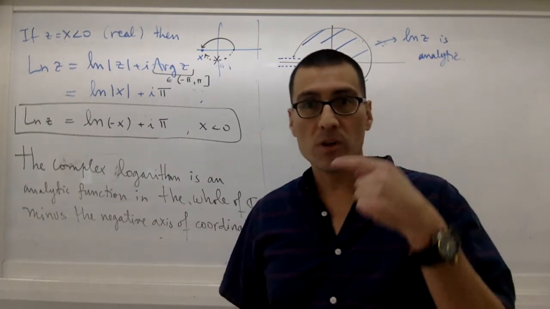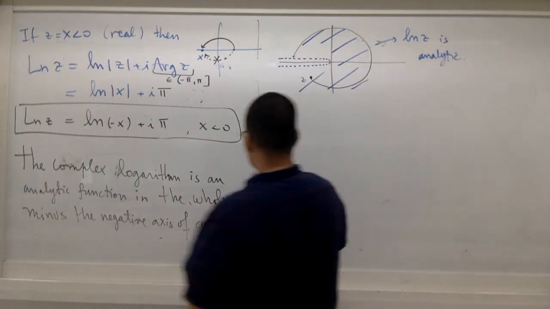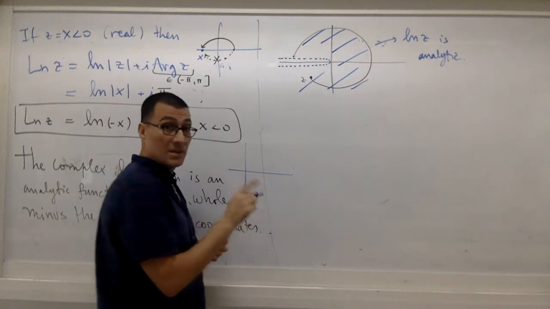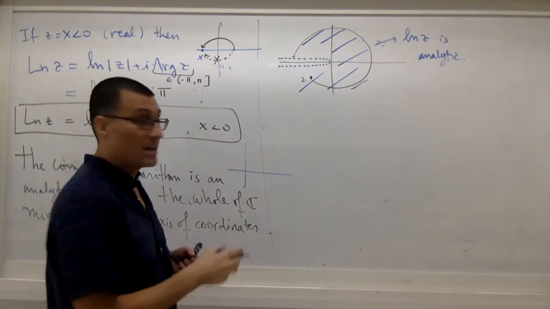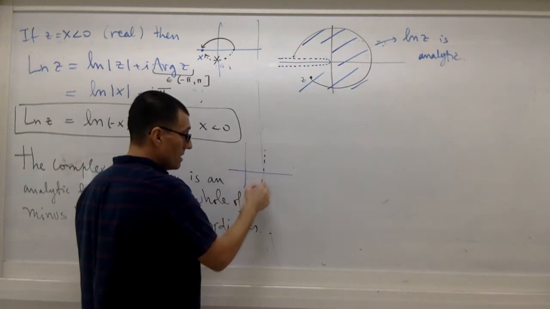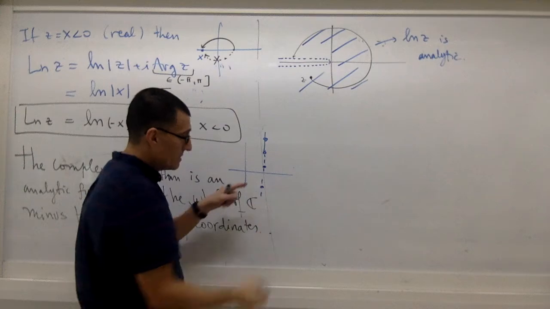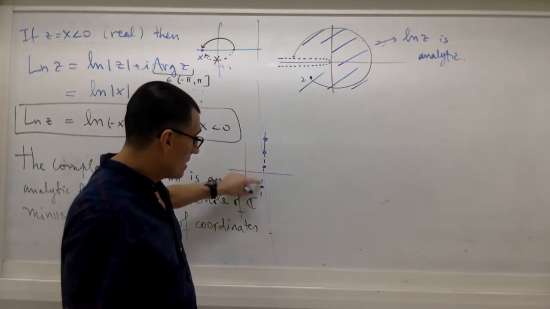The argument will jump by 2 pi n. Remember when we computed the logarithm, and we said the logarithm is not a single valued function but a multi-valued function. What happened with the values of the logarithm? Well, they indeed jump.